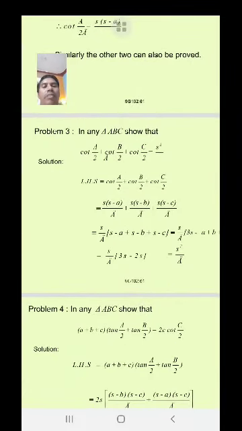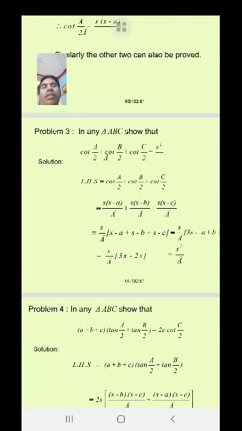Next problem. In any triangle ABC, show that cot A by 2 plus cot B by 2 plus cot C by 2 equals s square by delta.